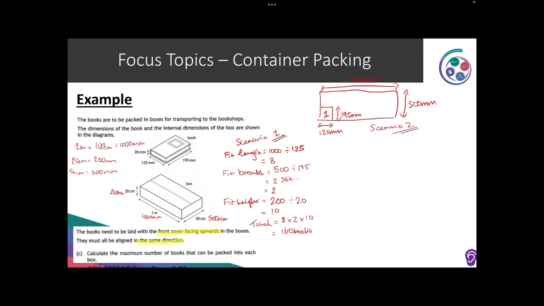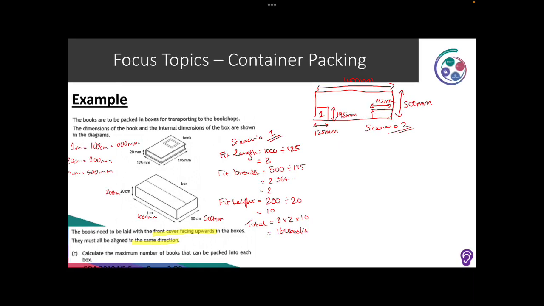In scenario 2, we're going to imagine the book has been turned lengthways. And so this measurement here would now be my 195 millimeters. And this measurement here is now my 125 millimeters.